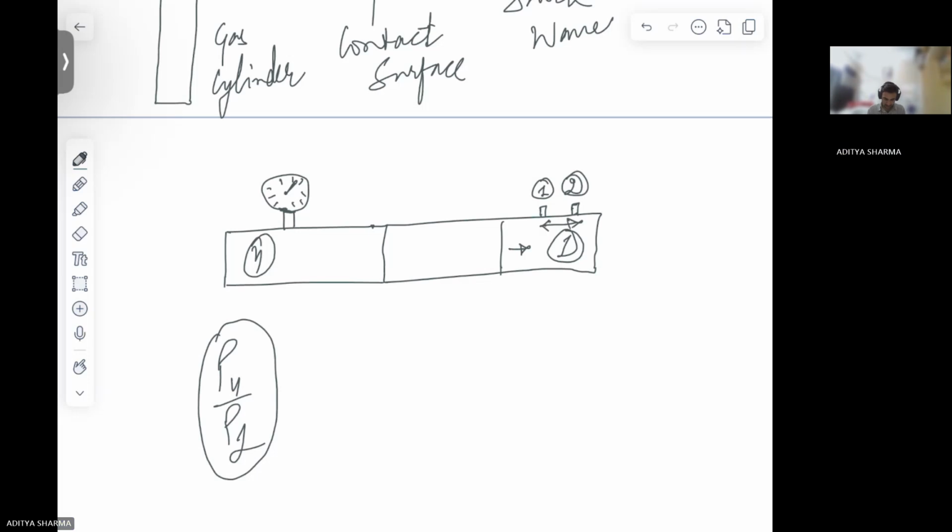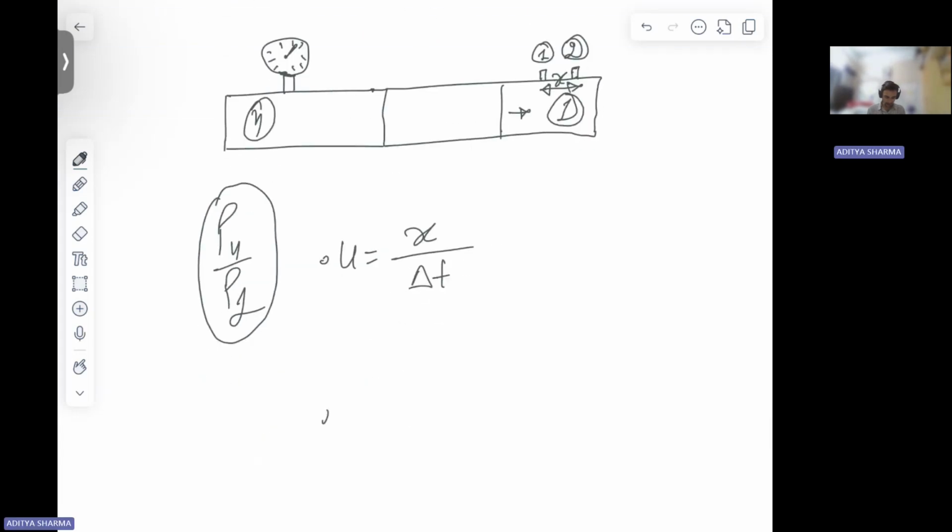Let's say this distance is X. Now we know at what time the shock has passed through pressure sensor number 1, at what time it has passed through pressure sensor number 2 when we acquire the data. And the distance we know. So distance by time can give you velocity, right? And now when you divide this velocity with your acoustic speed, this can give you eventually Mach. Right? This is about Mach.